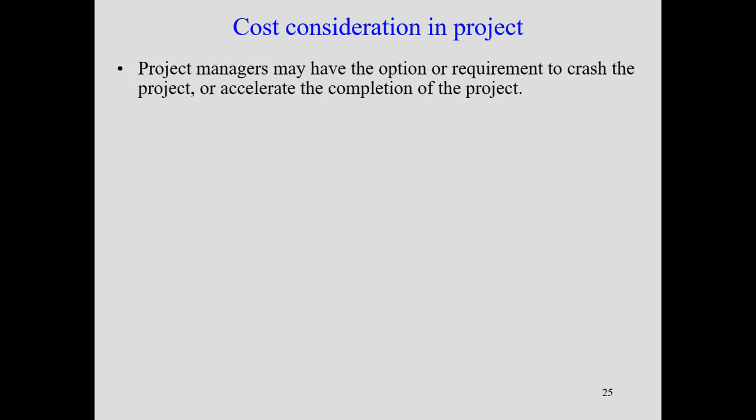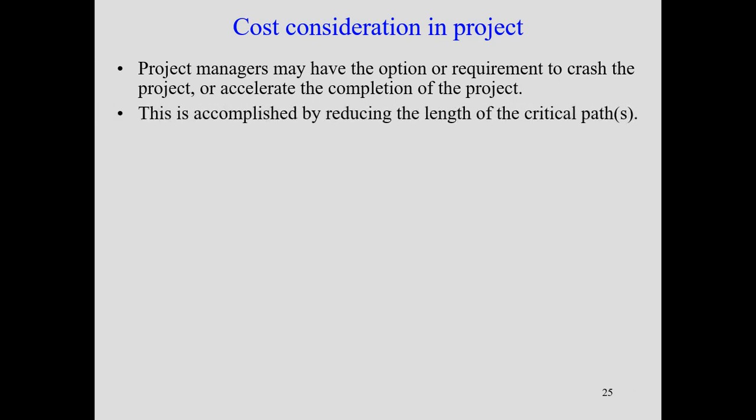So the project managers may have the option or the requirement to crash the project, and crashing means we have to accelerate the completion of the project, or we have to push ourselves to complete the project before time. This particular step in project management is called crashing the project. So crashing the project means we have to finish the project well in advance. So definitely we have to pay some extra amount.